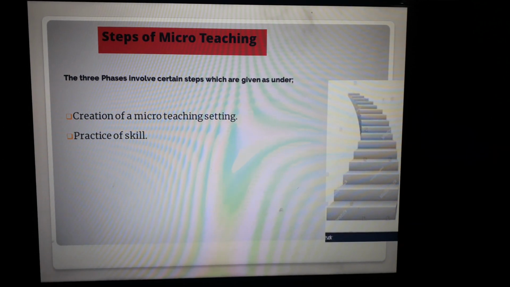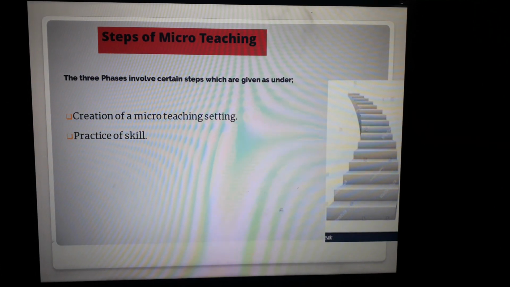Now next step is practice of skill. Under this step, the student teacher teaches the prepared lesson for 6 minutes to a micro class of 5 to 10 real pupils or peers. This lesson is supervised by the teacher educator and other student teachers.